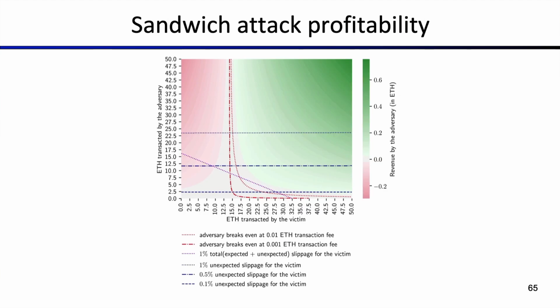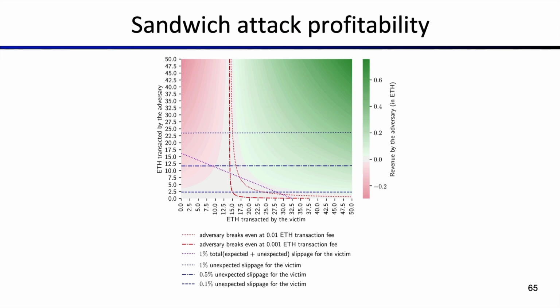So you might ask, is this attack always profitable? Well, the good news is that it's not. Here you have a plot that we derived. On the x-axis, you have, for example, the ether transacted by a victim. This is on a particular Uniswap market that we took as an example.